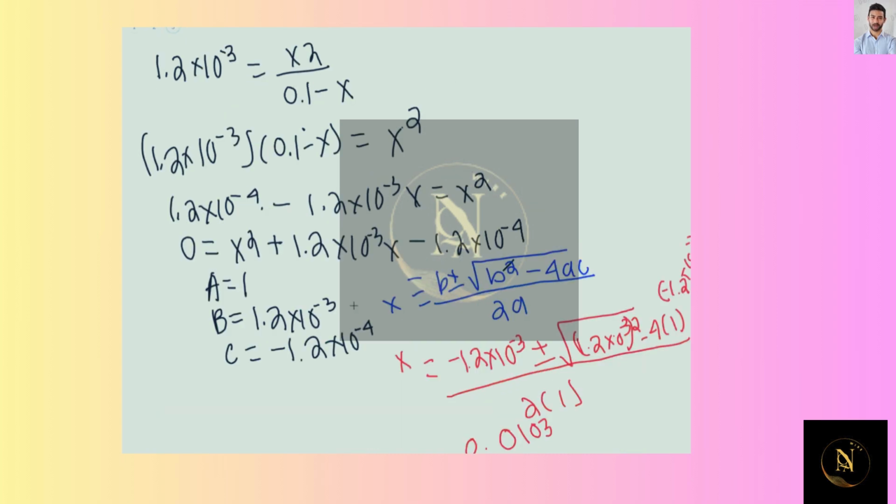So the HSO4 minus is equal to 0.1 minus 0.0103. Our H plus is equal to our SO4 2 minus, and that's just equal to 0.0103.